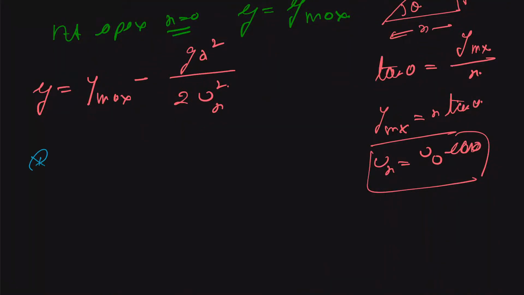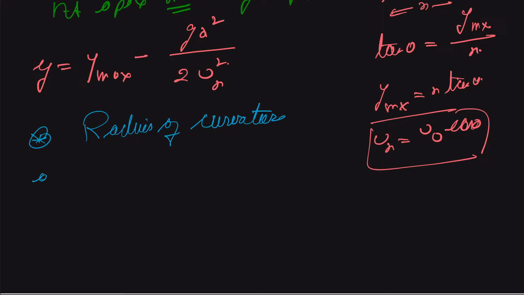So we can say radius of curvature of trajectory at apex. And this equation is quite standard.